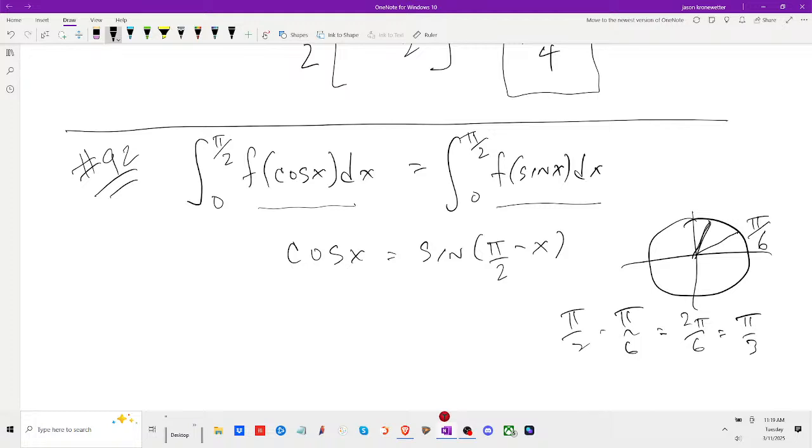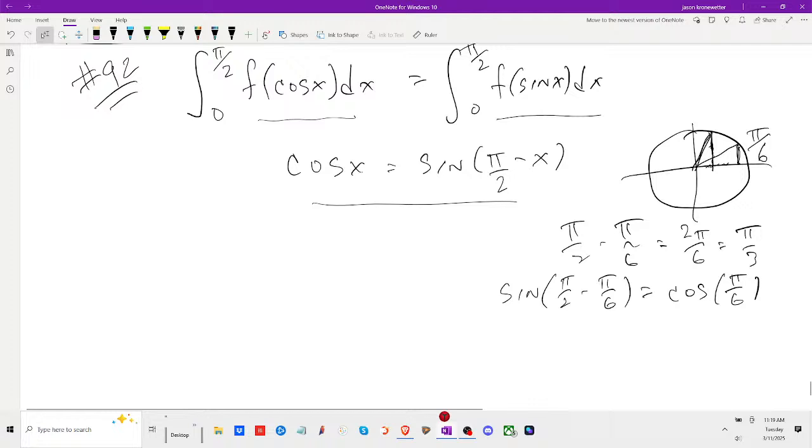And you see how at pi over 6, the cosine, this little distance right here, which is root 3 over 2, is the same as the sine is for pi over 2 minus that. So sine of pi over 2 minus pi over 6, which is sine of pi over 3, is equal to cosine of pi over 6. Okay, that's just an example to illustrate this identity.